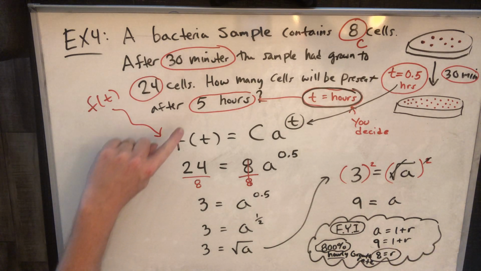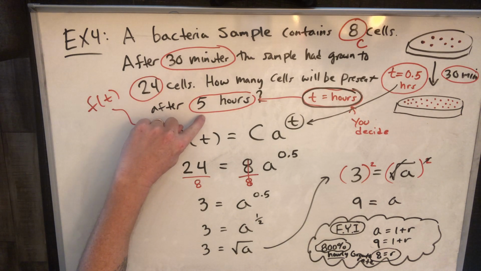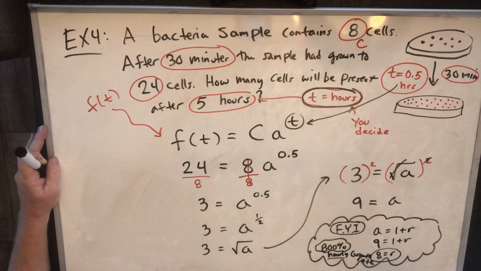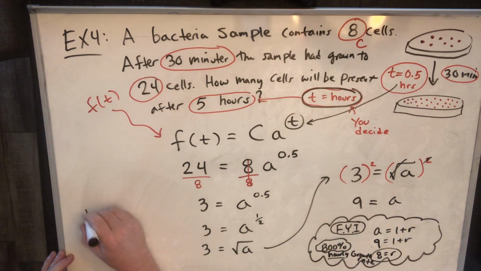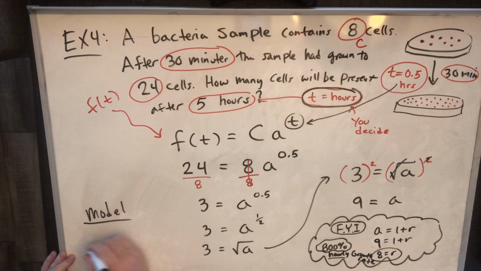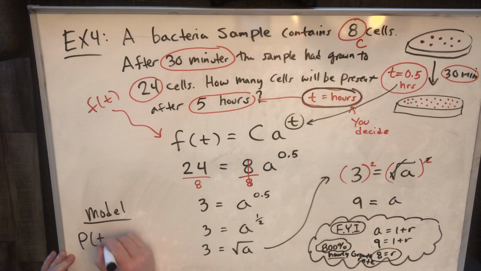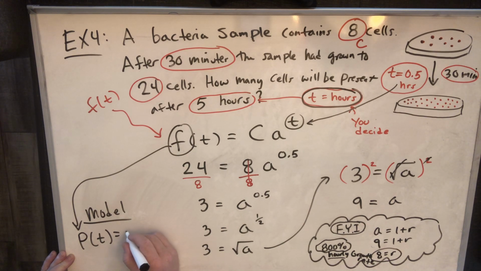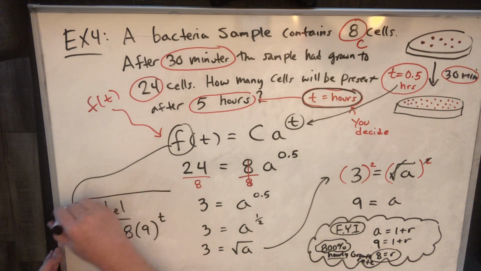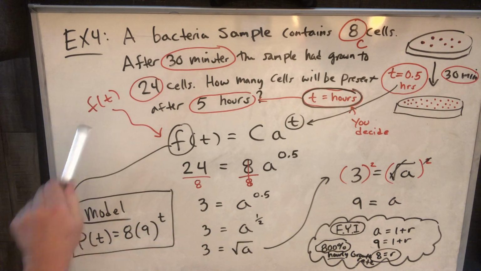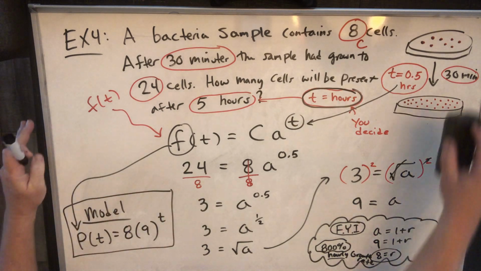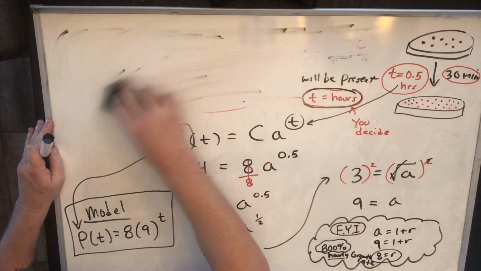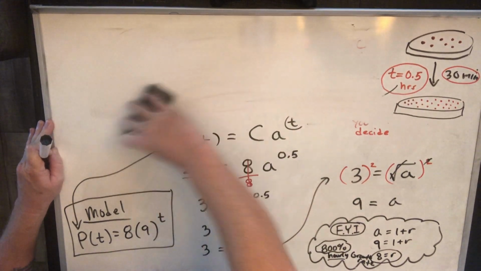We still haven't answered our question. Our main question is how many bacteria will be present after 5 hours. So we have our model. Our model is population of t, or you could also call it f of t, same thing. That would be 8 times 9 to the t power. Now we can use this model to predict how many cells will be there after 5 hours.